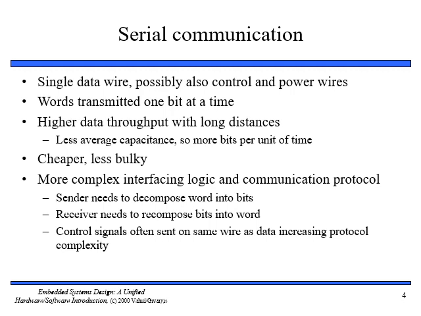Serial communication involves a physical layer that carries one bit of data at a time. This means that the data bus is composed of a single data wire, along with control and possibly power wires, running from one device to another. In serial communication, a word of data is transmitted one bit at a time.